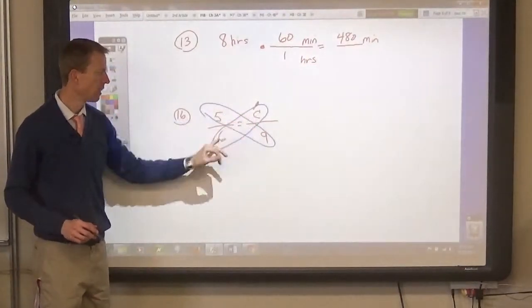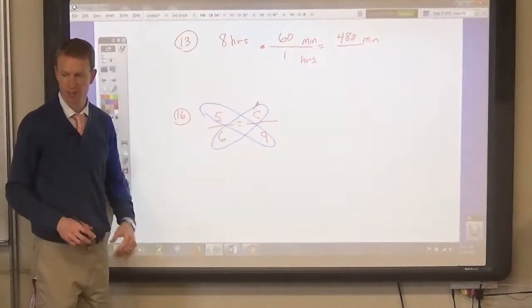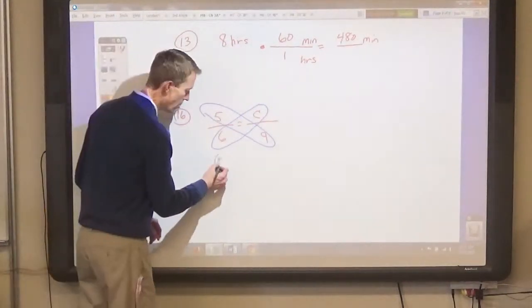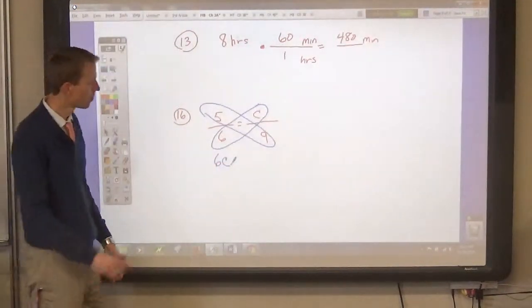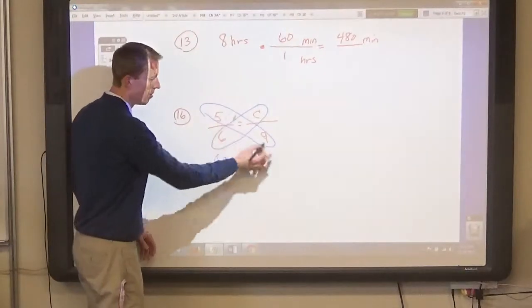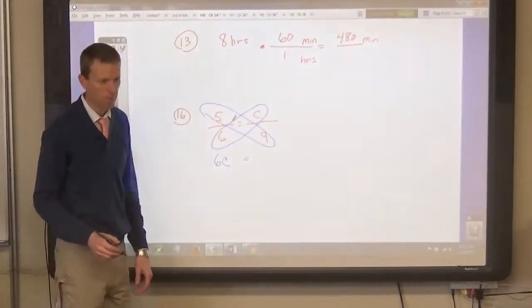So the product of these two numbers equals the product of these two numbers. What's the product of 6 and C? Meaning, what is 6 times C? 6C, good. In algebra, that's just 6C. And that equals 5 times 9, 45.